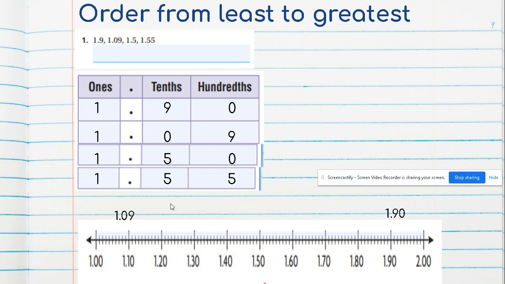Then let's go ahead and plug in $1.50 and $1.55. If you see the number line, they're counting by tens. So I want to go from least to greatest, little to big.